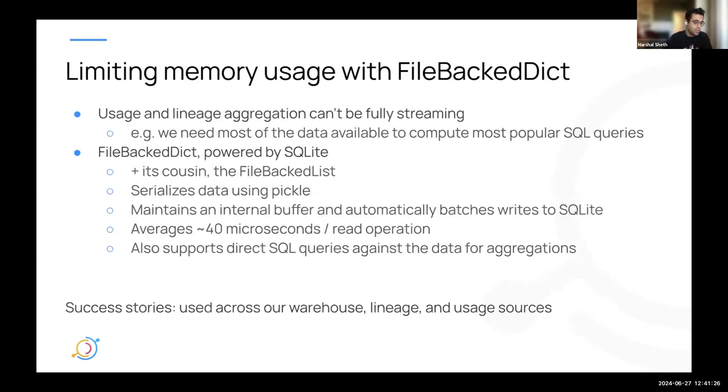Another thing that we've run into is how to limit memory utilization. So most of our sources are built in an almost streaming fashion. It's in-process streaming is the way I would describe it.